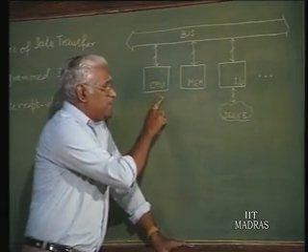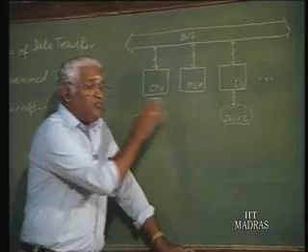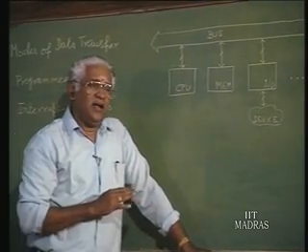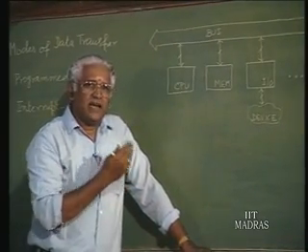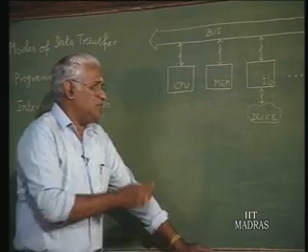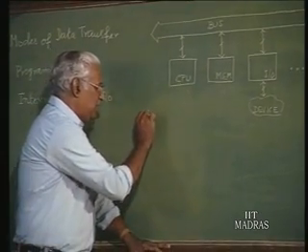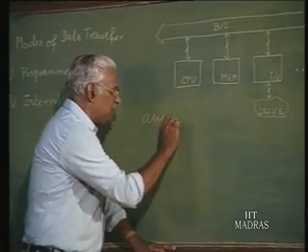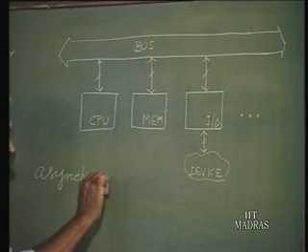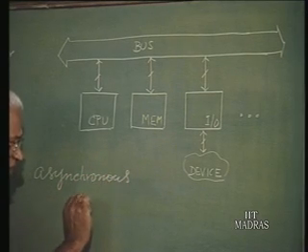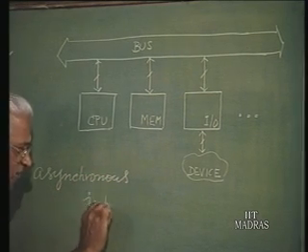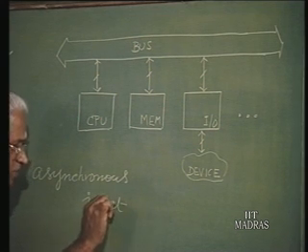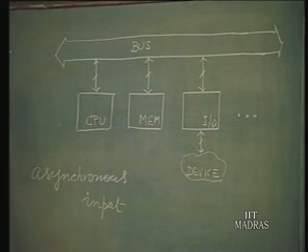Now, we say that the device will interrupt the processor, and that interrupt is generally characterized as an asynchronous input, asynchronous because it is not synchronized with the processor's main clock. So, interrupt is in fact an asynchronous input to the processor.